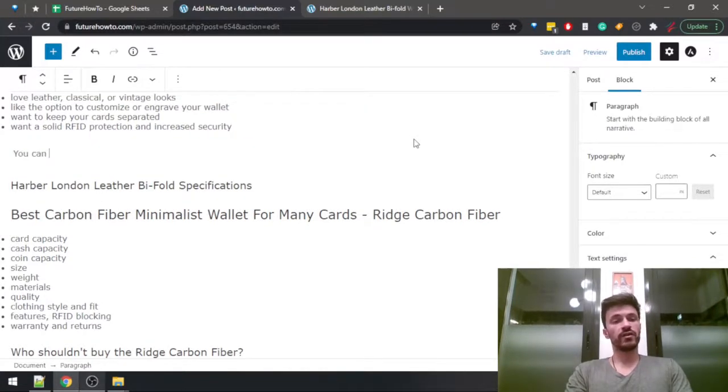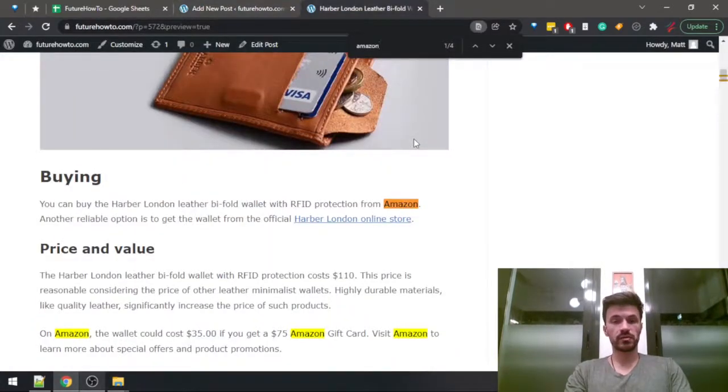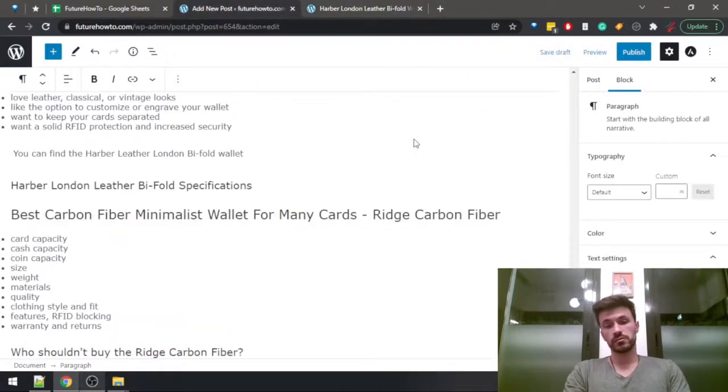You can find the Harbor London leather wallet on the official Harbor London store and Amazon.